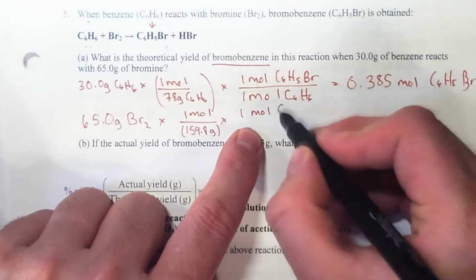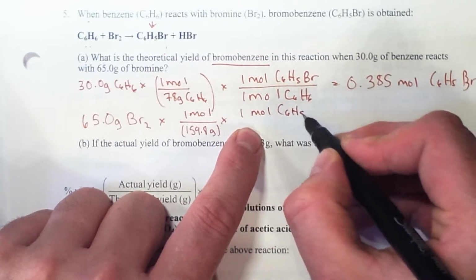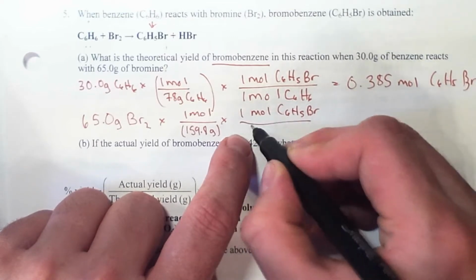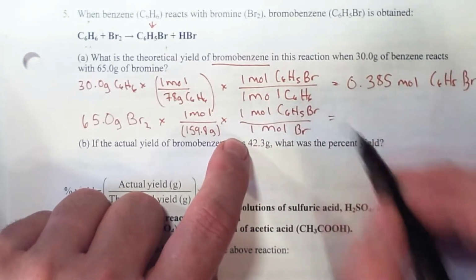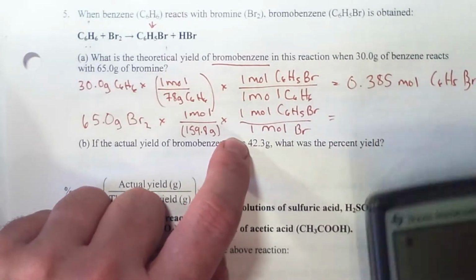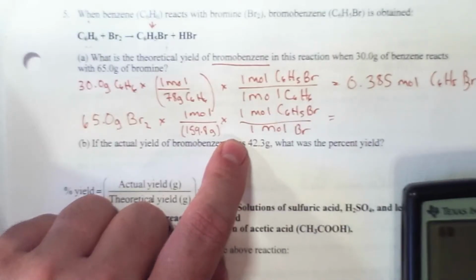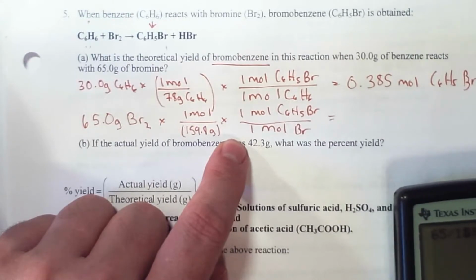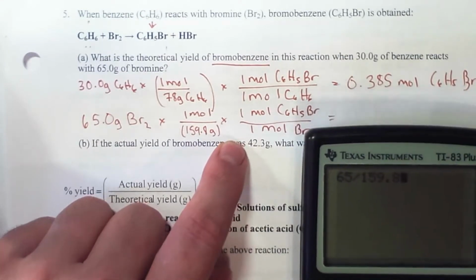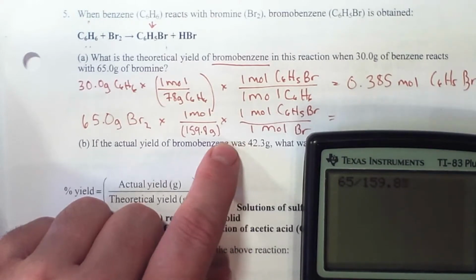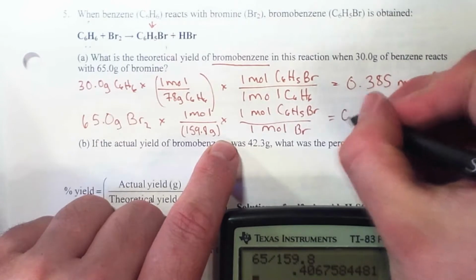And 1 mole of the bromobenzene for every 1 mole of bromine. 65 divided by 159.8 gives me 0.407.